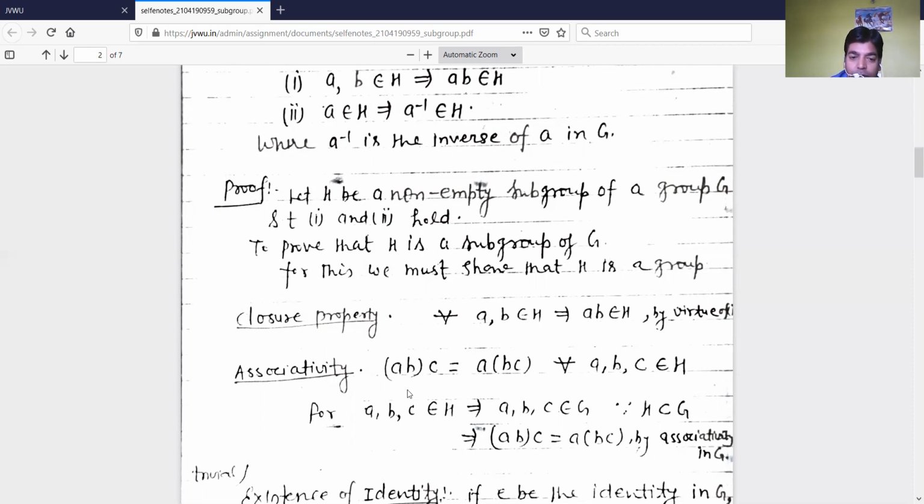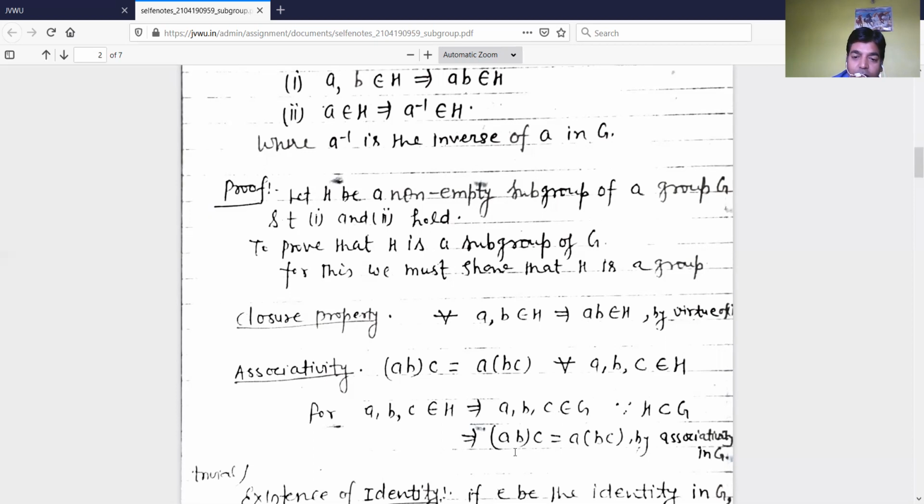Now associativity: (a operation b) operation c is equal to a operation (b operation c) for all a, b, c belongs to H. Now see that a, b, c belongs to H, which means a, b, c also belong to G because H is a subset of G. Now G is a group, so associativity holds.